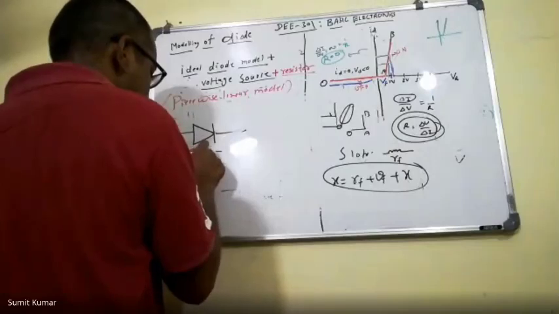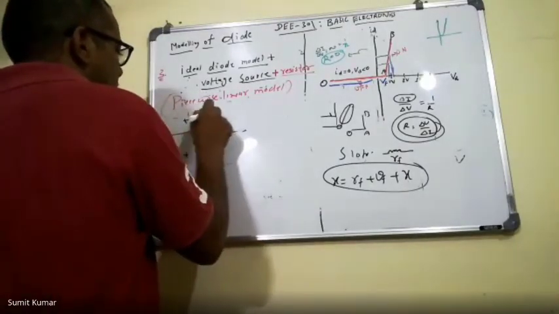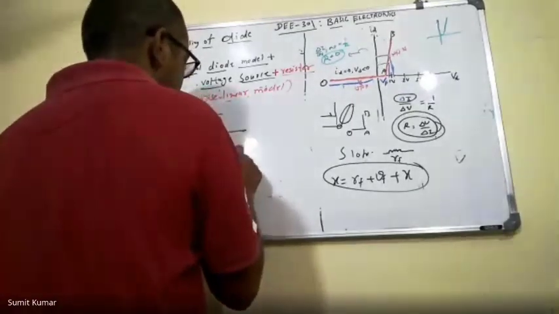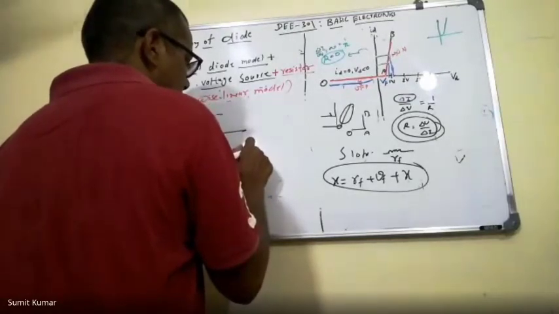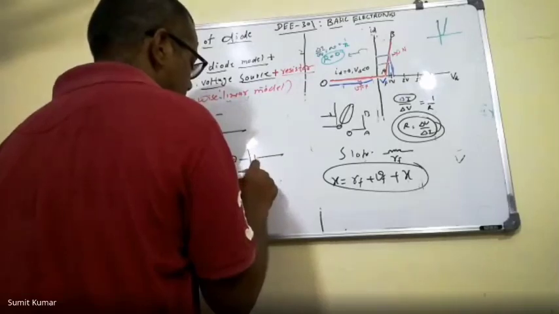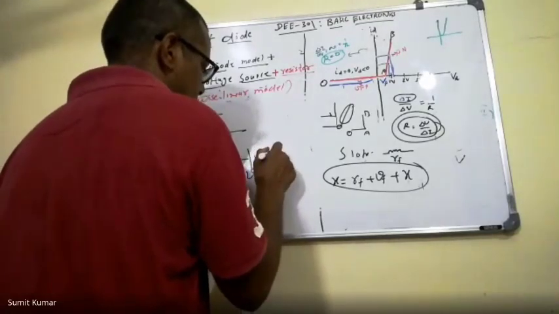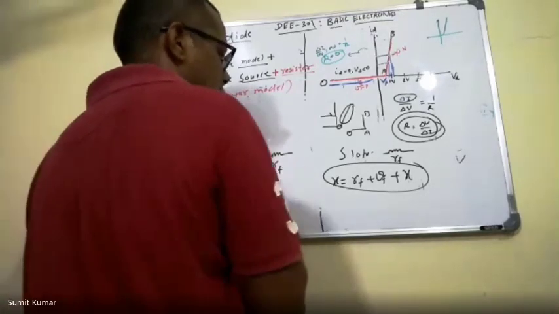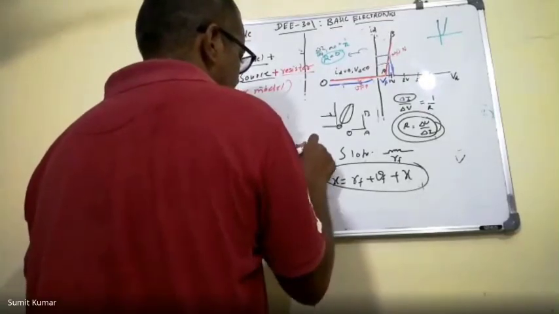Plus and minus, and this is VD, the voltage across the diode, and this is the ID. And now we can model this by using a constant voltage source VF, a small value resistor RF, and the previous model of the ideal diode.